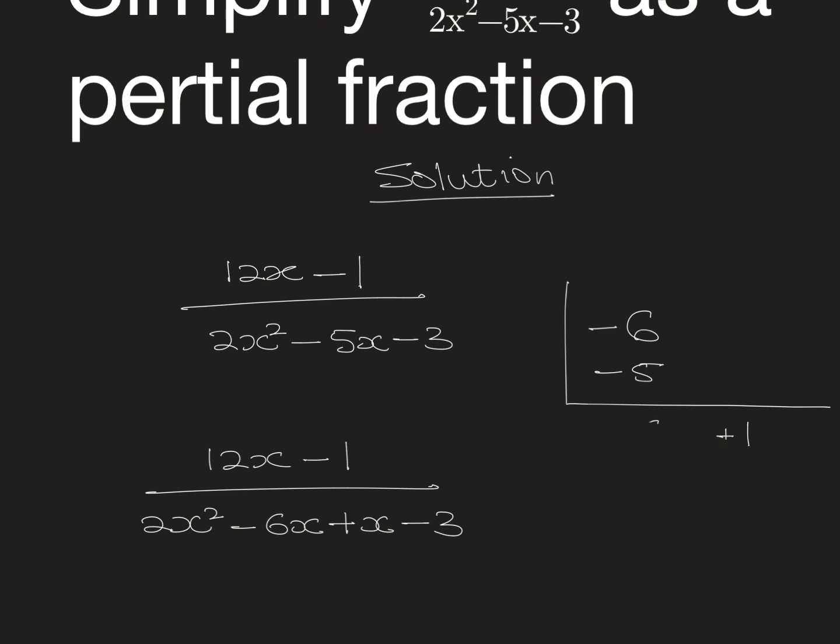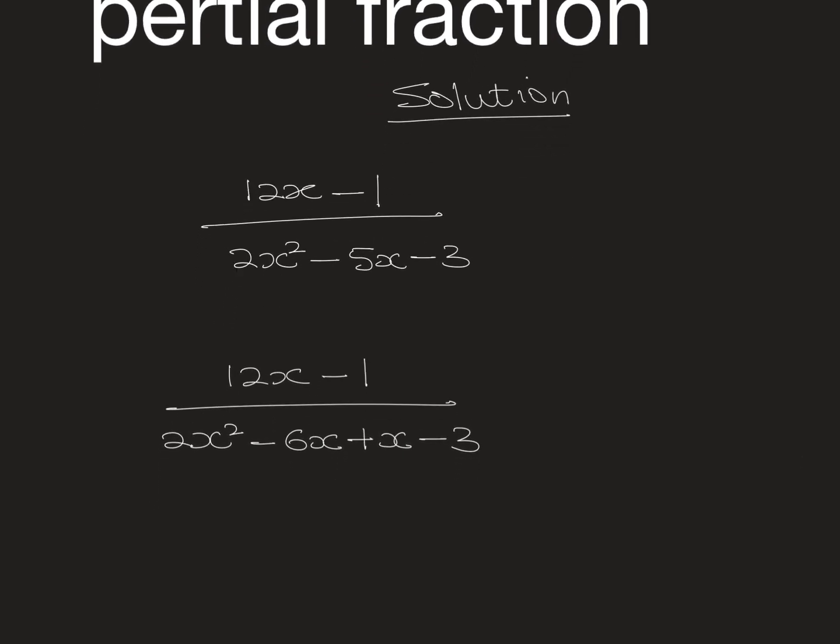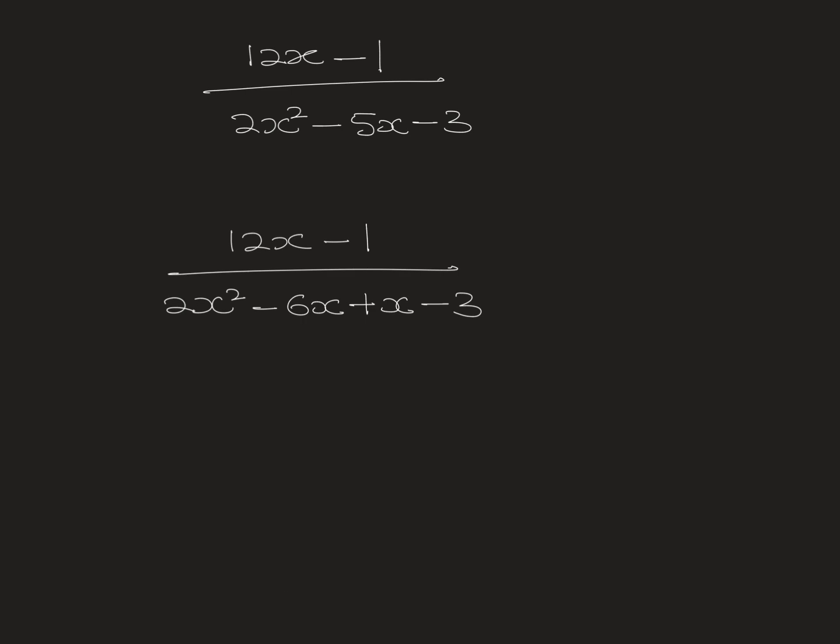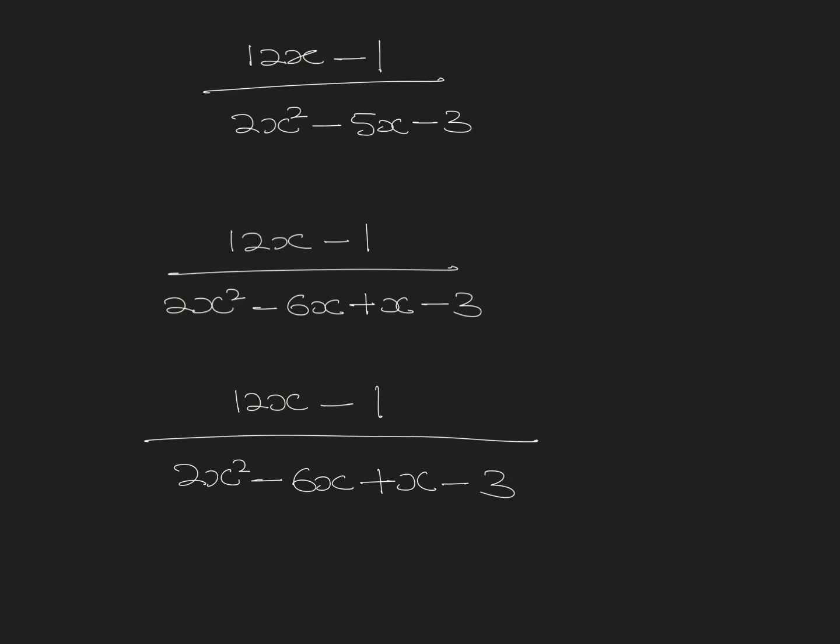So let's delete this and move on. So that is 12x minus 1 divided by 2x squared minus 6x plus x minus 3. Then let me separate this into two brackets.